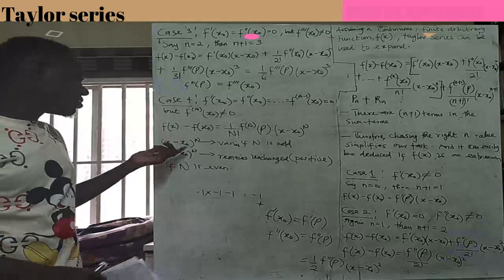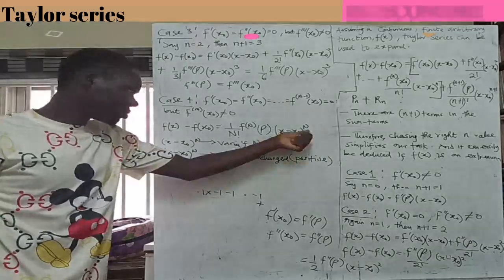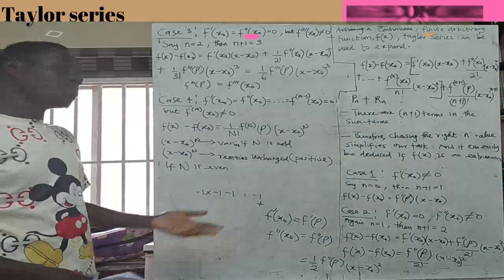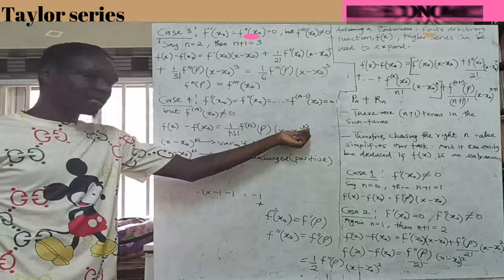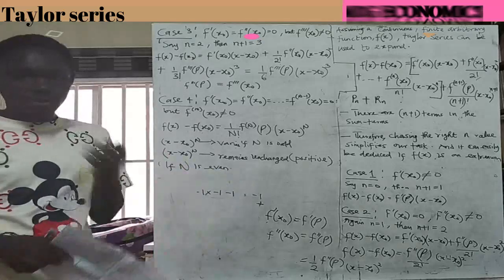So again, this varies if n is odd. If this power here is an odd number, the sign will change, will alternate.